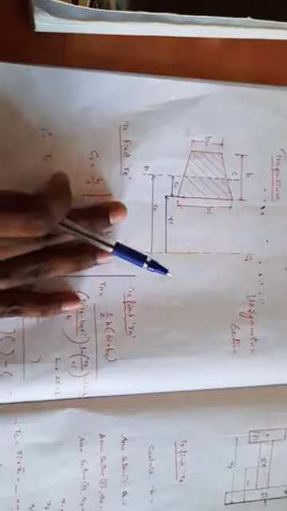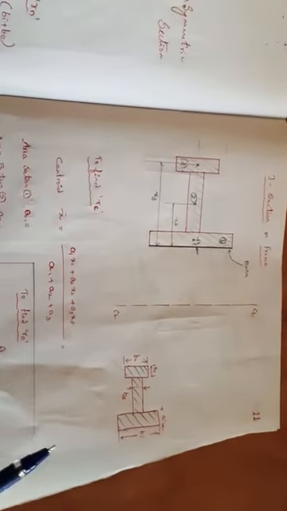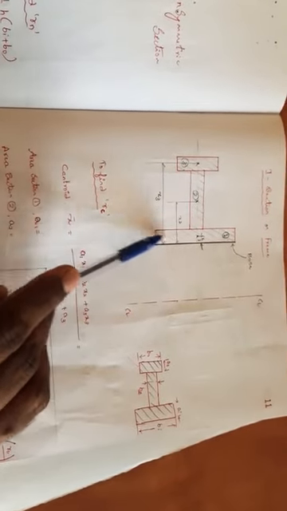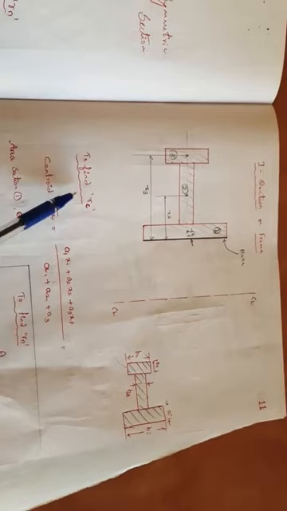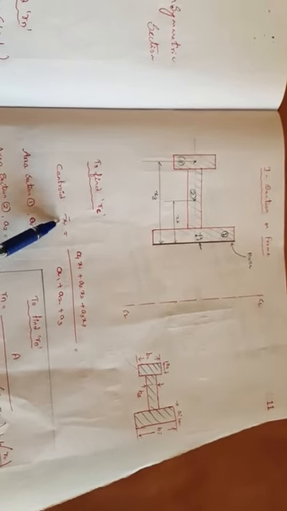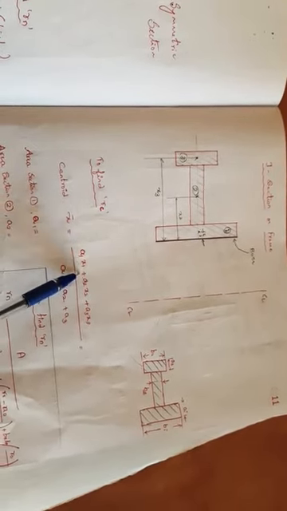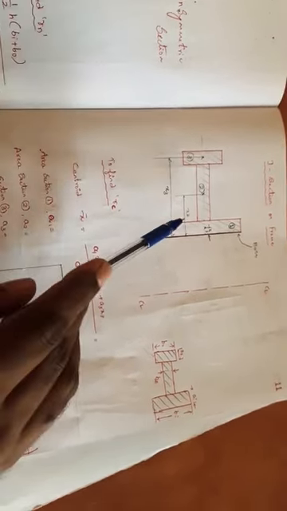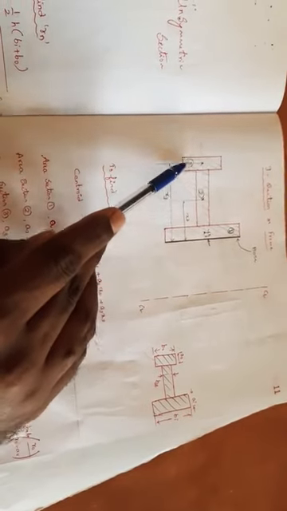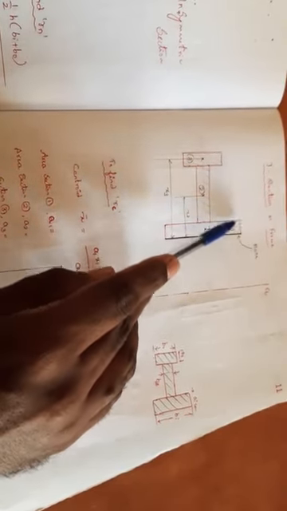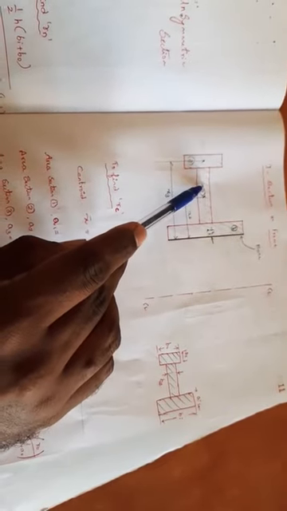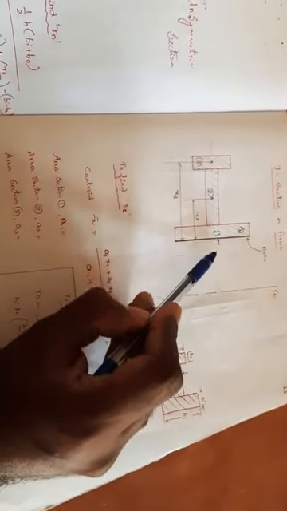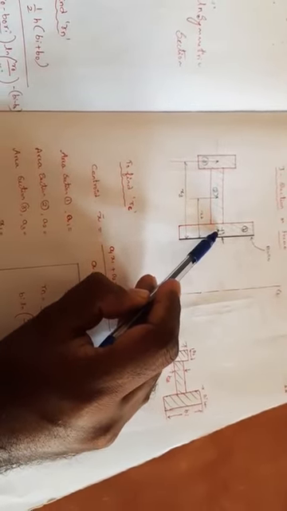Now for the I section, how to calculate Rc? So this is the I section. To find Rc, we have the centroid x bar equals (a1 x1 plus a2 x2 plus a3 x3) upon (a1 plus a2 plus a3). a1 is the area of section 1, then section 2 and section 3, each length into breadth. a2 is this section's area, a3 is this section's area, and x1, x2, x3 are the distances of the centers of these sections from the base.